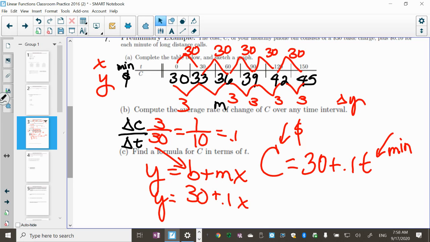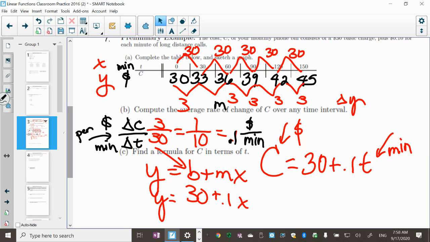Notice it's dollars. This line means the word per, and this was minute. So my answer is 0.1, it's $0.1 per minute, or 10 cents a minute, right? So when you do the rate of change, it has a unit per unit.